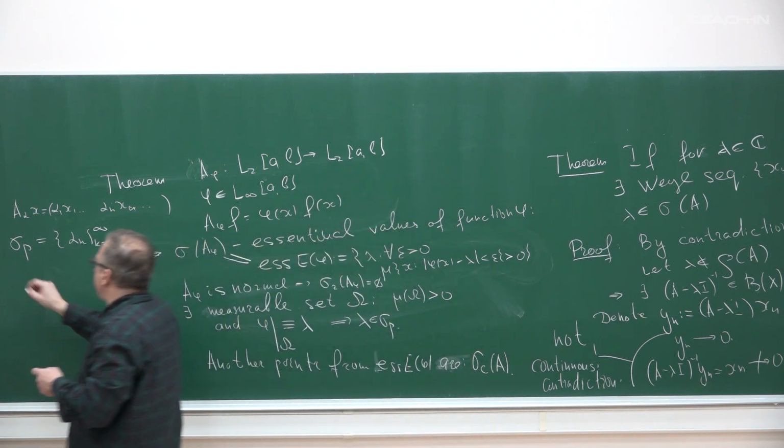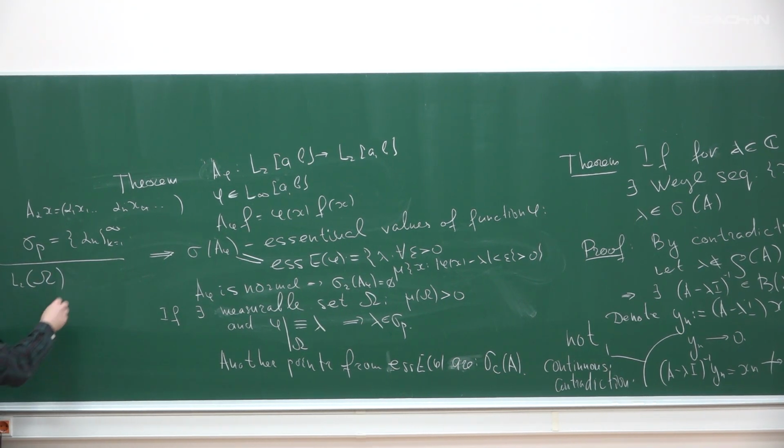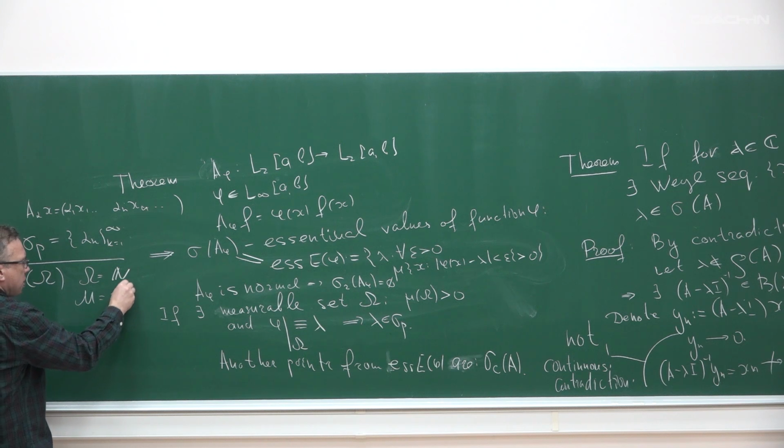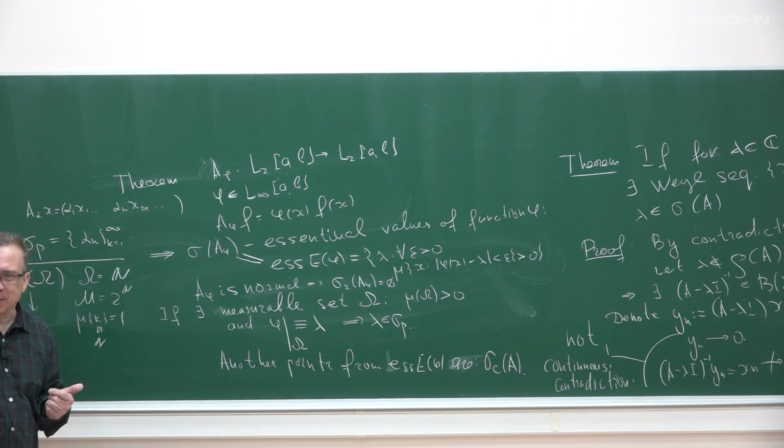But of course, if you consider L2 on some set omega, if you take omega equal to natural numbers, if you take sigma algebra of measurable sets as all possible, and if you define the measure for a natural number equal to 1, and then continue it as a sigma additive measure, then immediately it changes to l2, and the integral changes to the sum, of course.